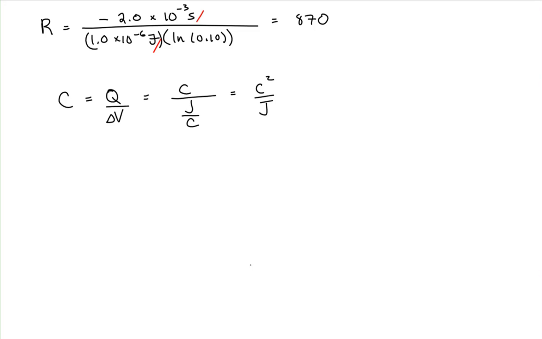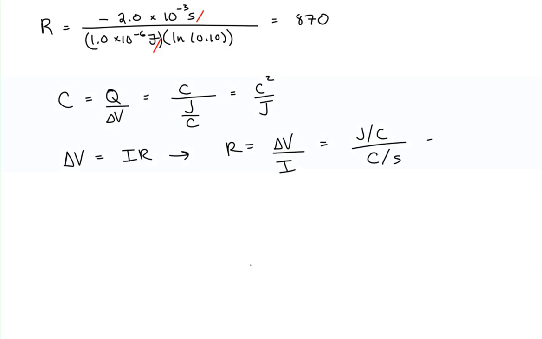I also know, and let me do this a slightly different way, from Ohm's law that resistance is potential difference over current. Potential difference is a joule per coulomb. Current is a coulomb per second.